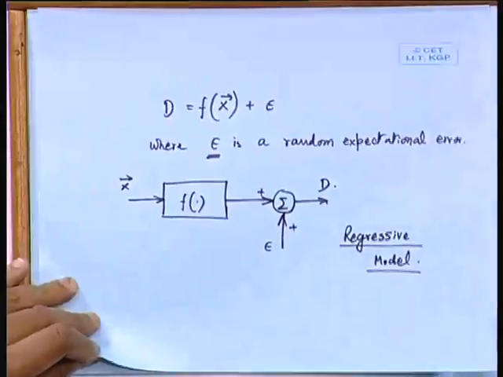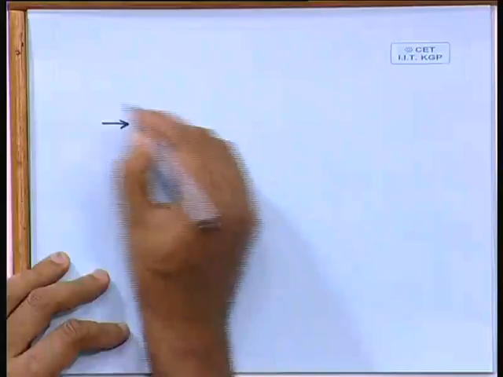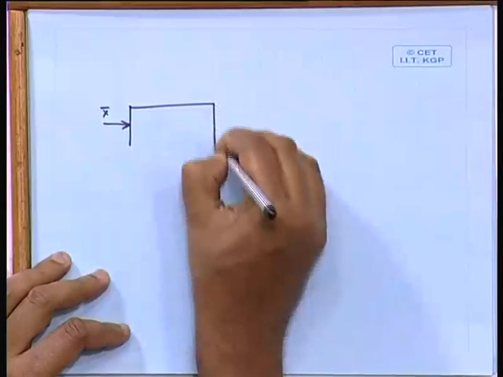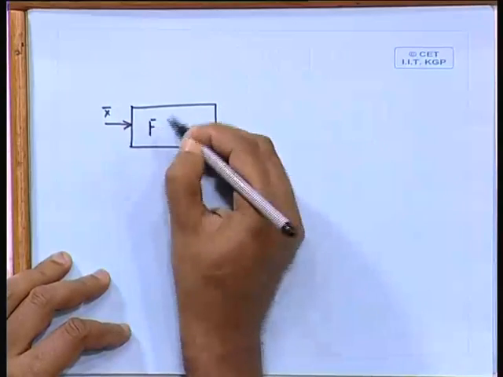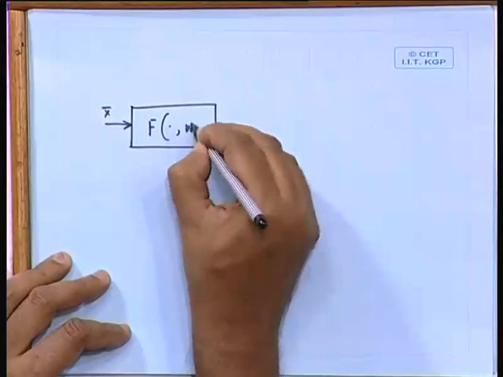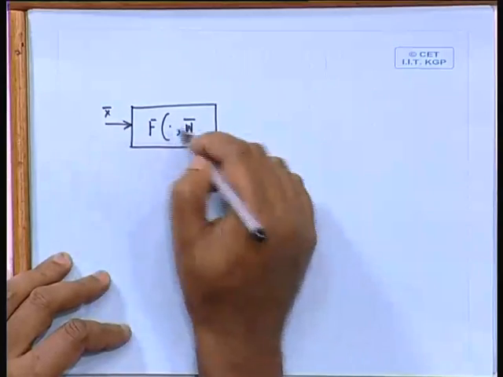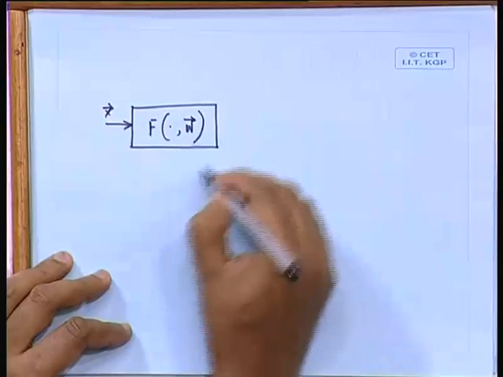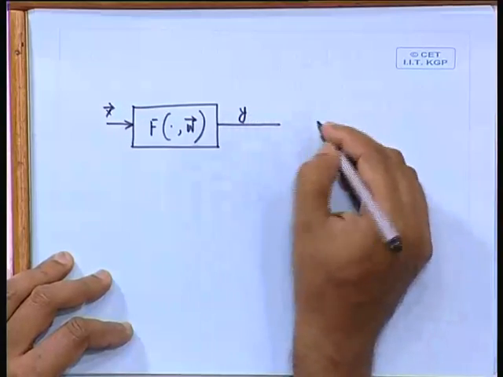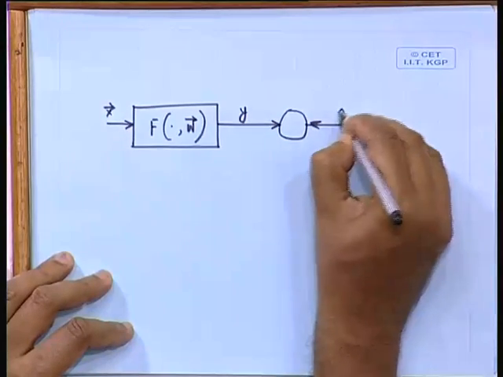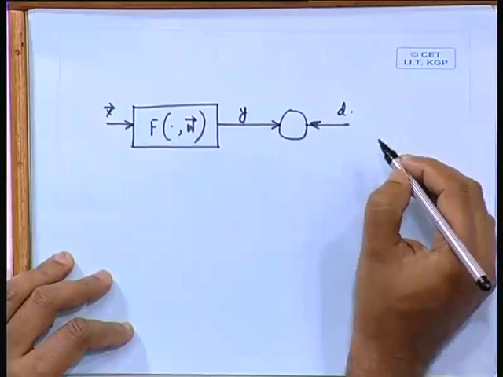Here too the input will be the x vector, then we have the neural network function represented as f of x and w, and y is the actual output, and d is the desired output.